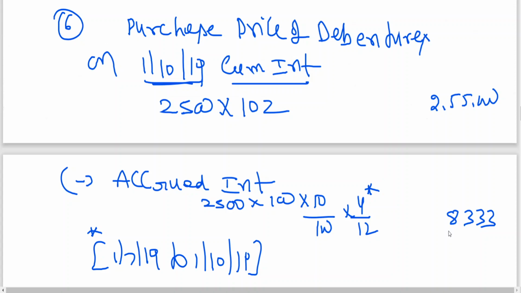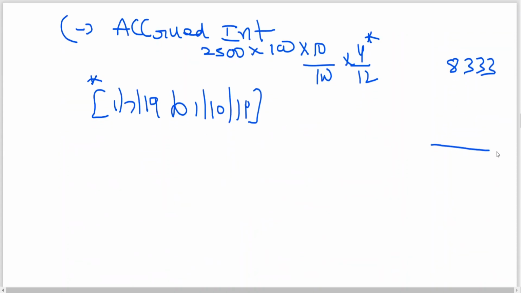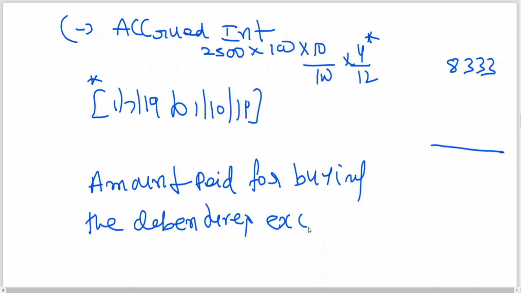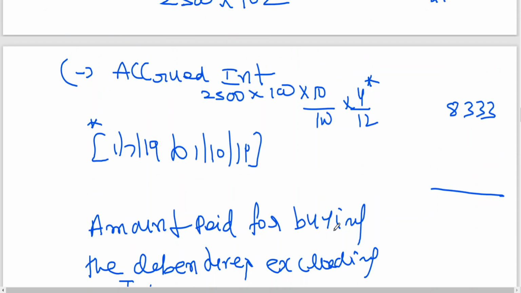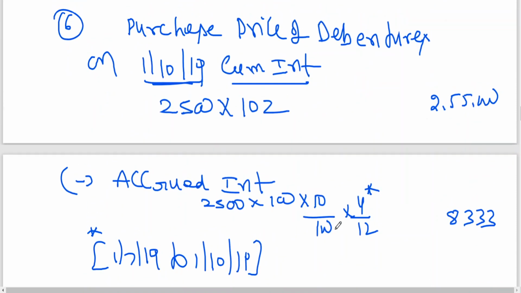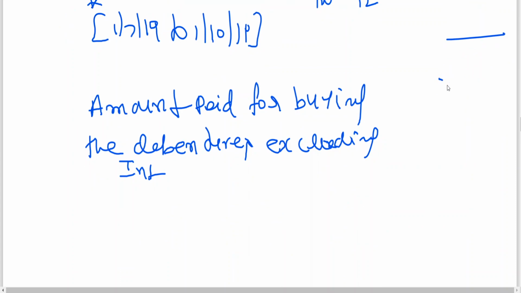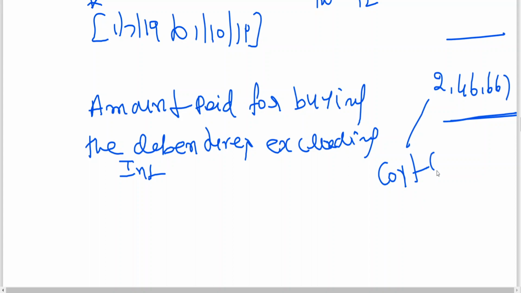Since it is cum-interest debentures, we have to deduct accrued interest to find out the amount paid for buying the debentures excluding interest. 2,55,000 minus 8,333 will be 2,46,667. This will be taken to which column? Cost column.